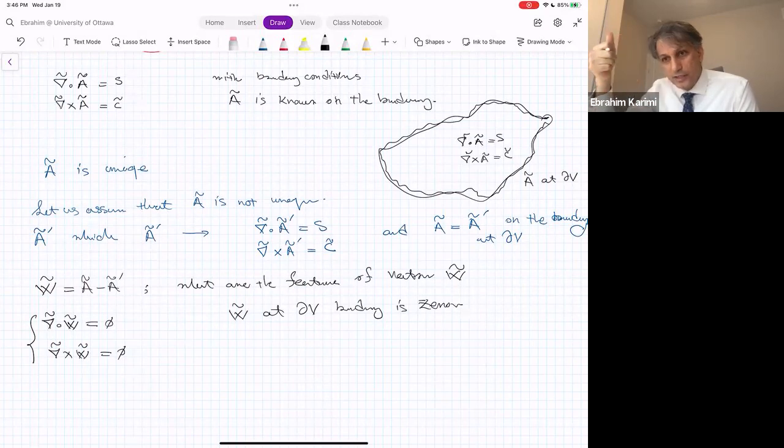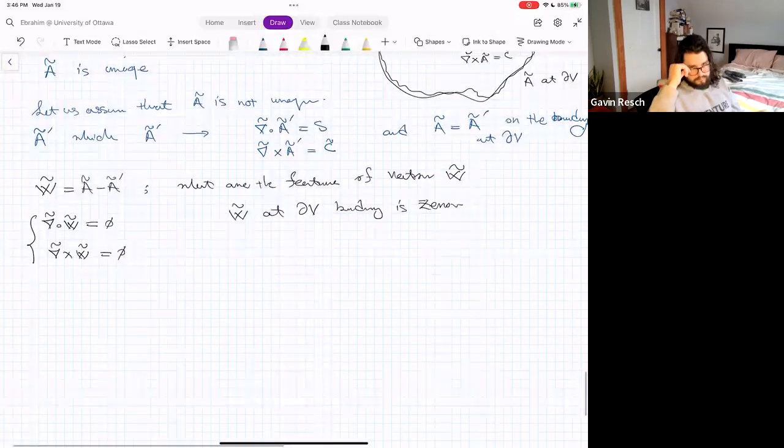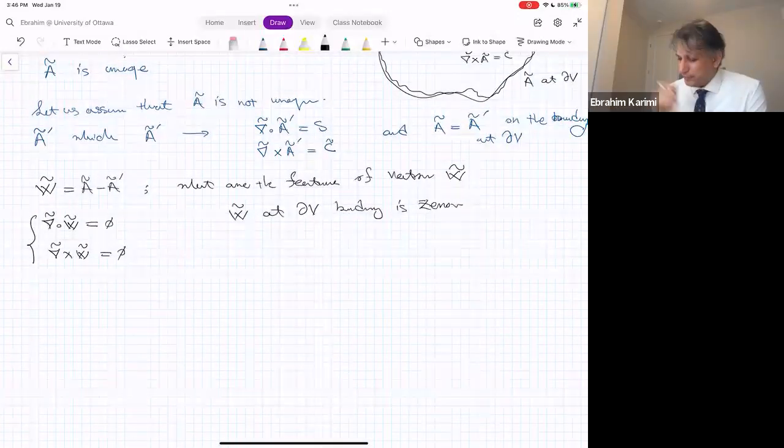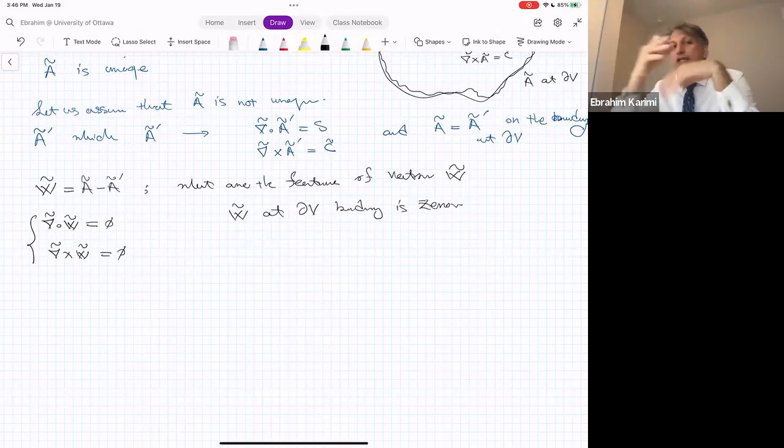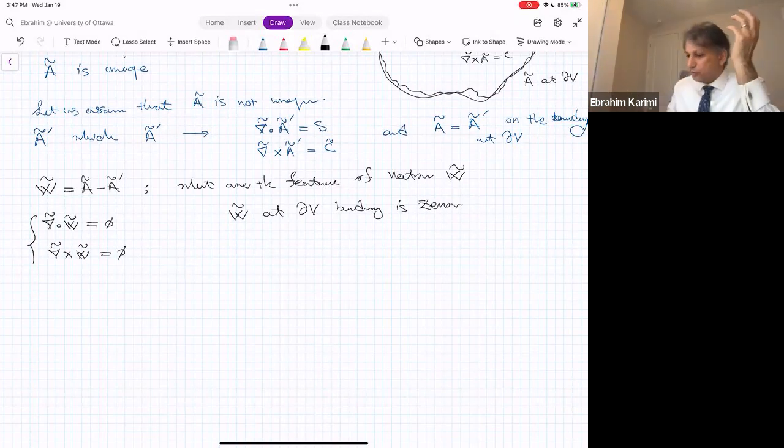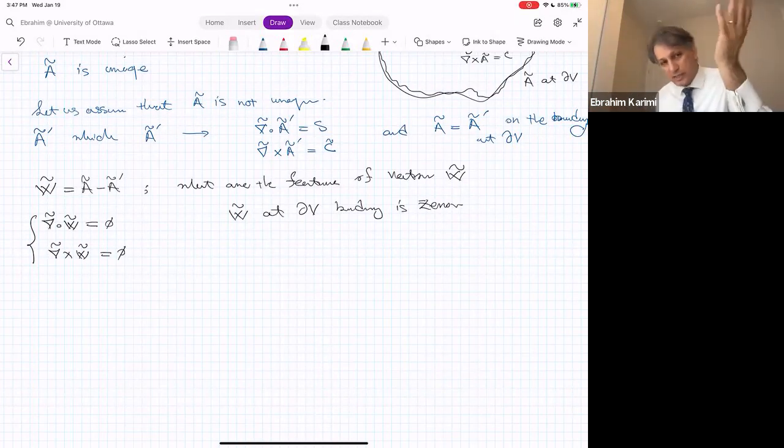Guys, agree? No question? Perfect. So now, it's funny because if I have two functions A and A prime, which satisfy exactly the same boundary condition and the same equations for divergence and curl, then any function which is the difference between these two will follow these rules: the divergence is zero, the curl also is zero.